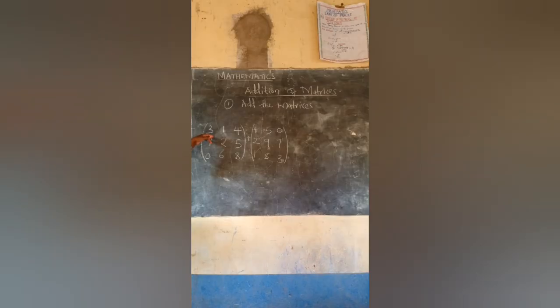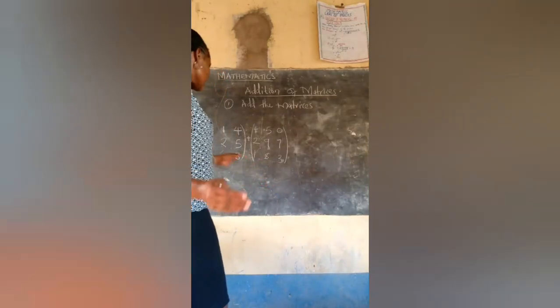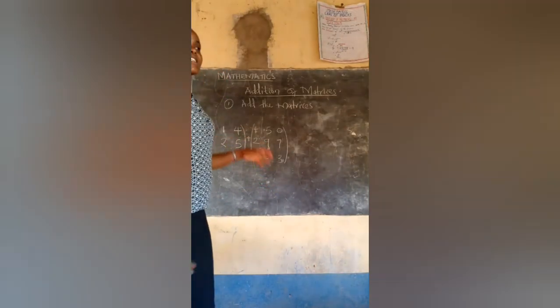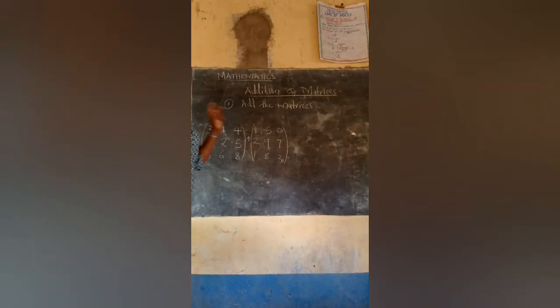The first element here, which is 3, is in the first row, first column, so it is added to the number in the first row, first column of the other matrix. The second one is 1, in the first row, second column, and it will be added to 5, which is in the first row, second column, and so on.